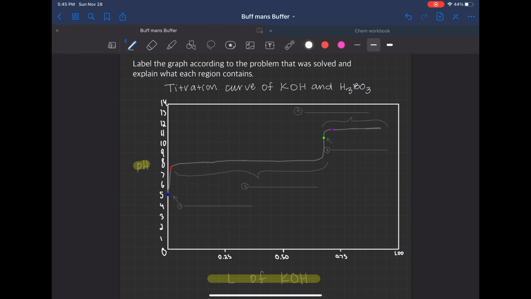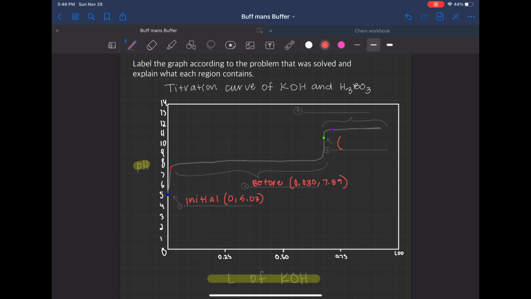So me and Devin here, hi Devin. Hello. We're going to explain to you guys the titration curve that we just did with our chemical reaction. At our initial point, we hadn't yet added any KOH, so we'll have 0 liters added for our x-axis, and this got our pH on the y-axis up to 5.03. And then the second region is before the equivalence point, and for the x-axis we're going to have 0.030 liters, which is not that much, and then we're going to have 7.89 pH.